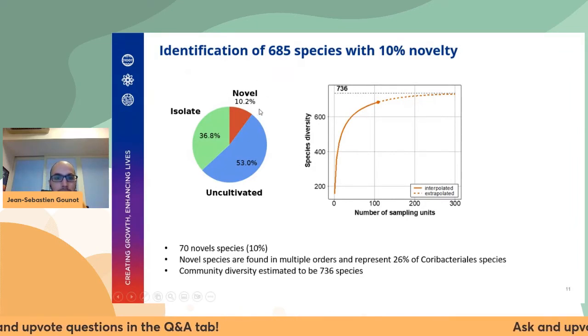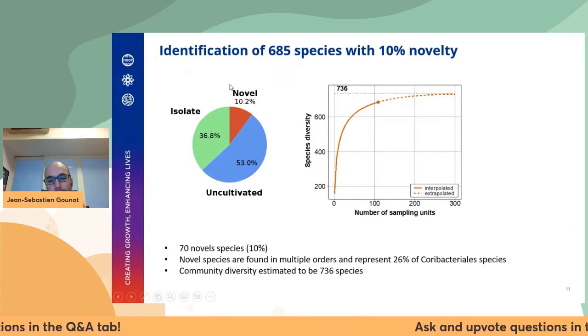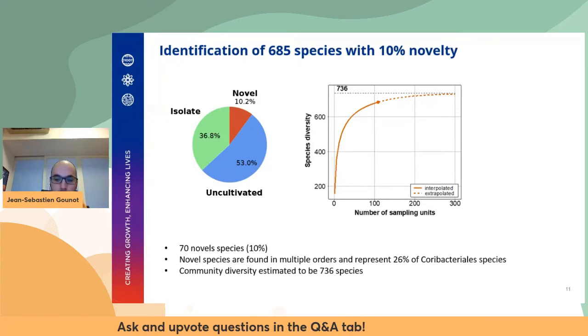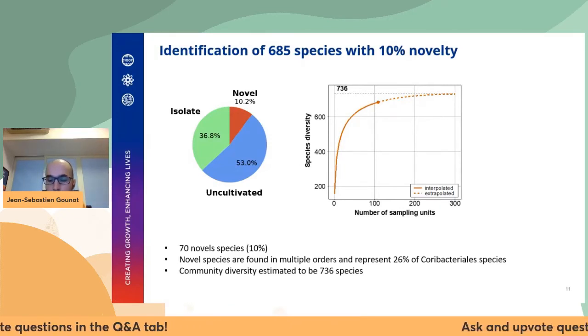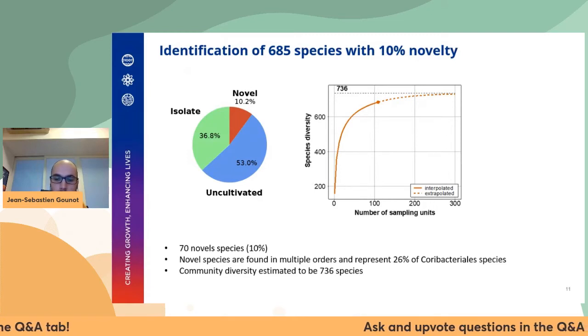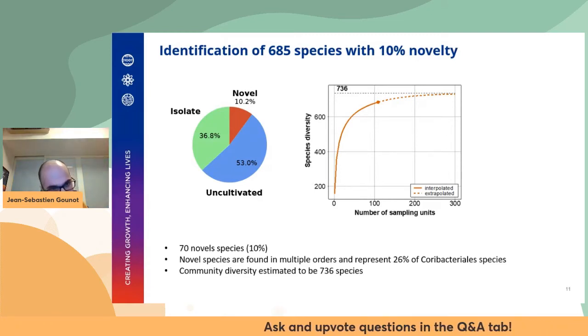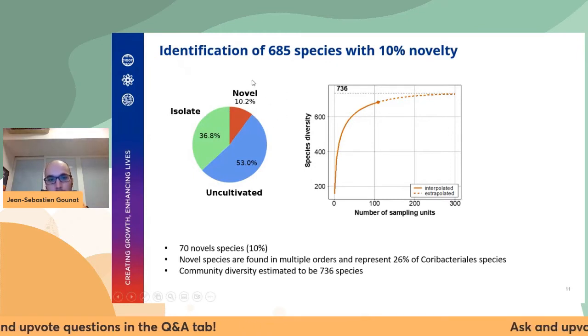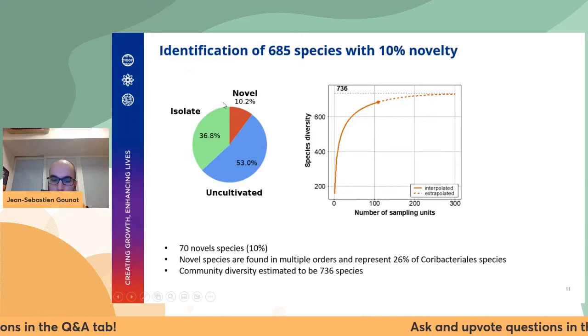And when we compare them to the public database, we found that 10% of them are novel, which is not a small number, because gut metagenomes have been extensively studied in the past. So finding 10% of the species, almost 70 of them, is quite high, and it showed clearly that there is some uniqueness in a Singaporean and potentially South Asian population.